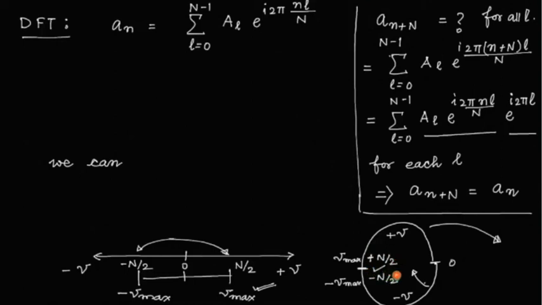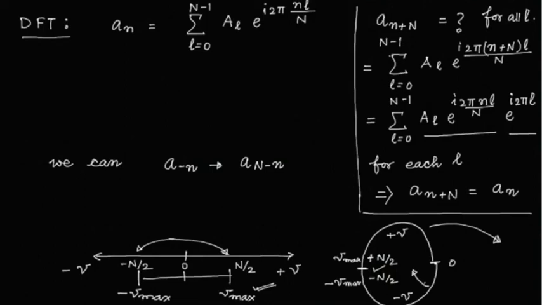but I can shift it a little differently. So I can say that for a_(minus n), I will shift it to a of N minus n.